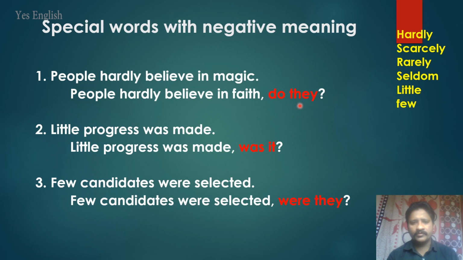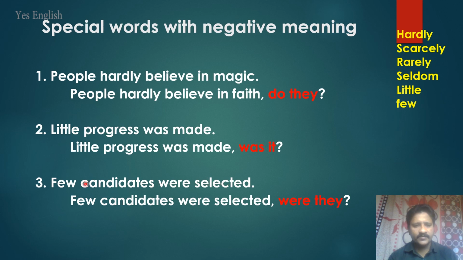Little progress was made. So little has a negative meaning, so we use was it. Was is already here as a primary auxiliary, that is repeated here, and instead of progress we use the pronoun it. Few candidates were selected.